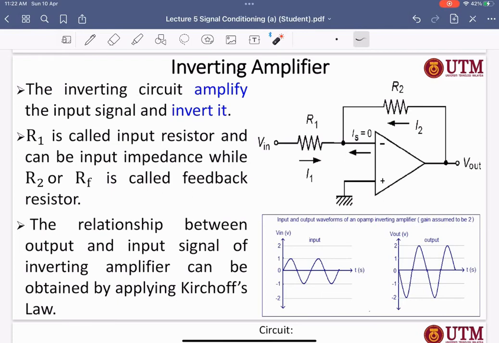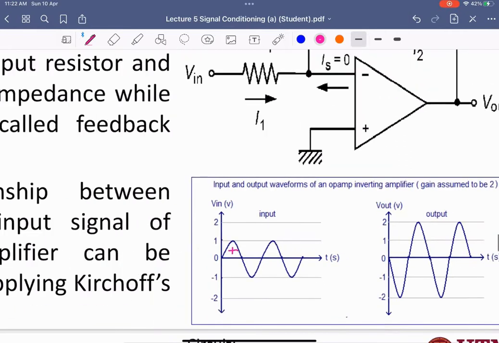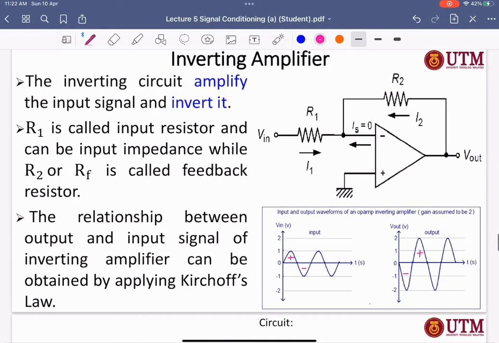What it does is it will invert it. For example, if your input in the first cycle is plus, the output will be minus. It will invert the waveform. And then the next one, the input will be minus, so the output will be plus. Okay, so whether you configure it as amplify or de-amplify, it depends on the R1 and R2 values.